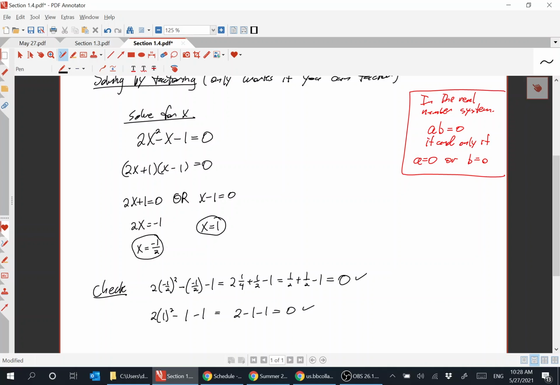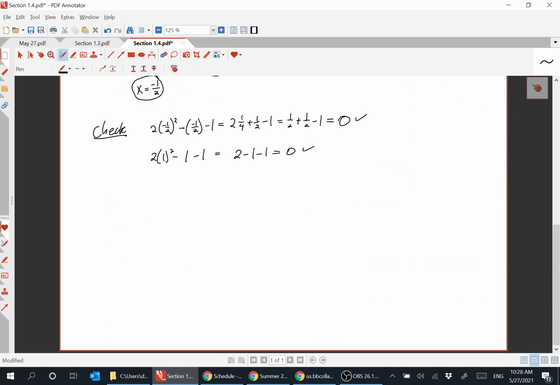Okay, so if you can factor the quadratic polynomial in the quadratic equation, then you can solve like this. Easy peasy. Another example.